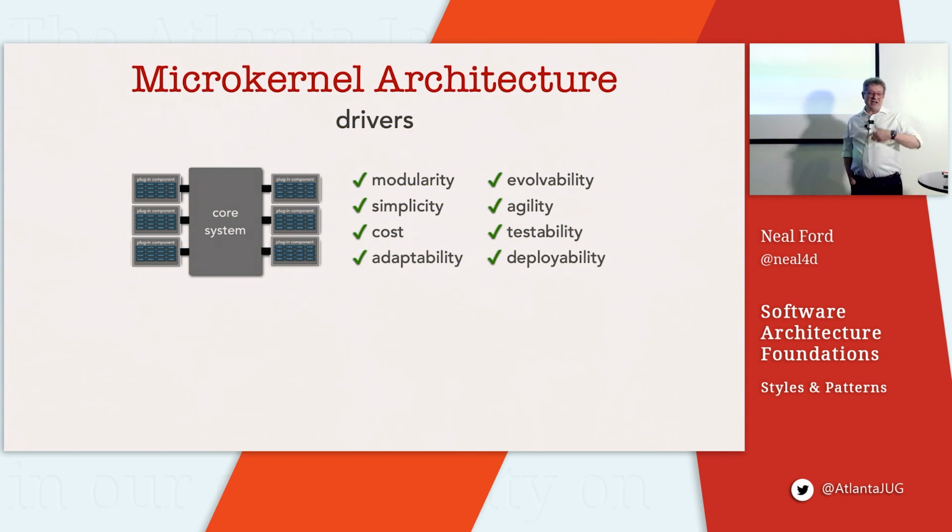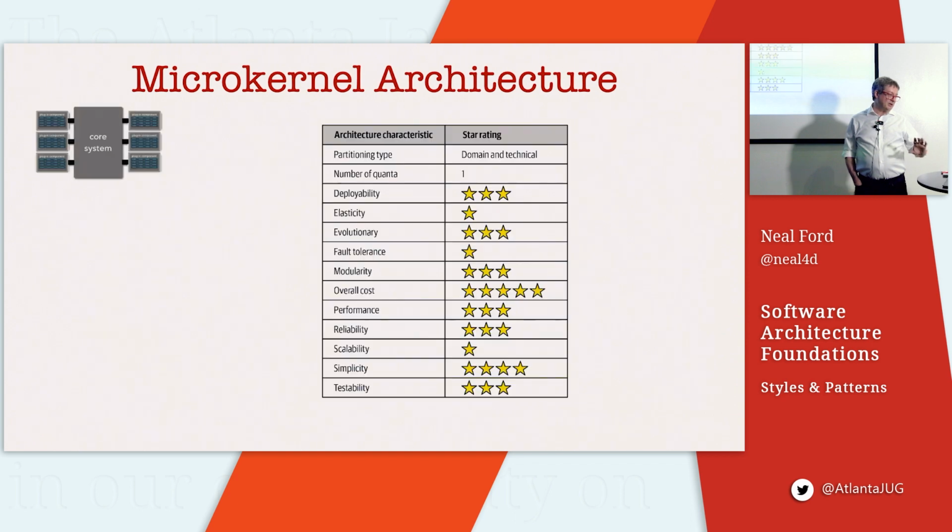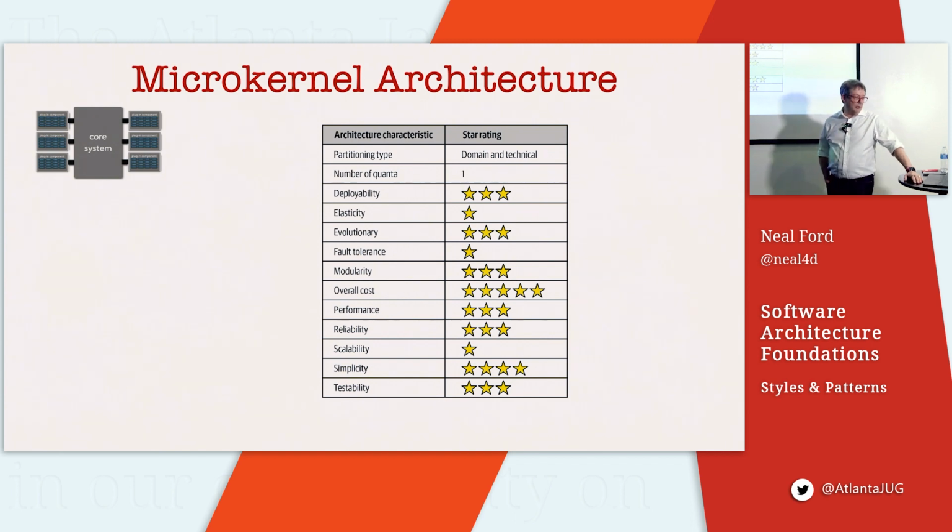The deployability is kind of cooked into this architecture, so it's easy to understand. This is the only architecture style that we called, from a partitioning standpoint, both domain and technical. Because when this is used for customizability, it's perfect. There couldn't be a better architecture style, which is why this shows up in a lot of customizable ecosystems.